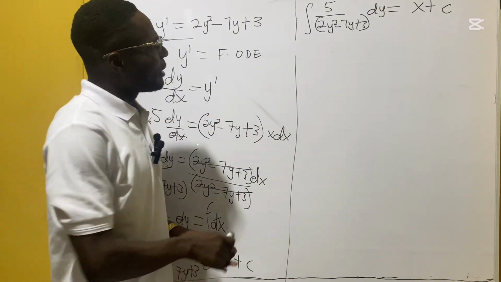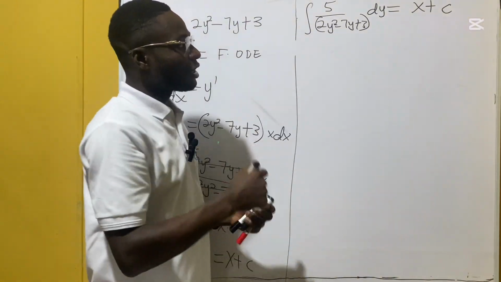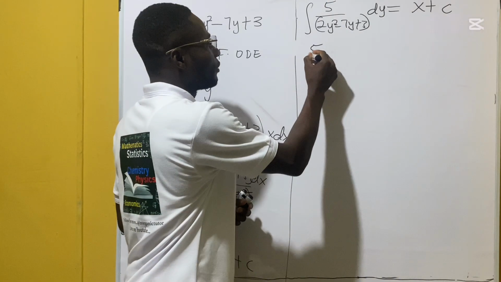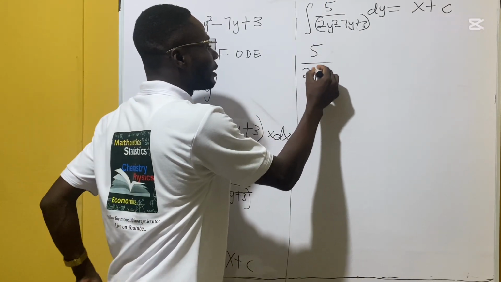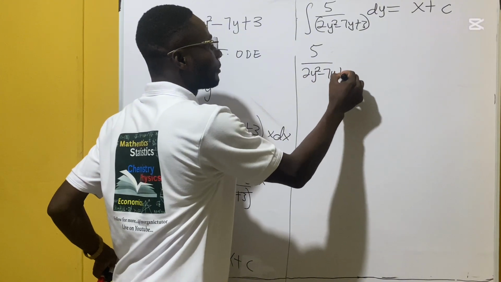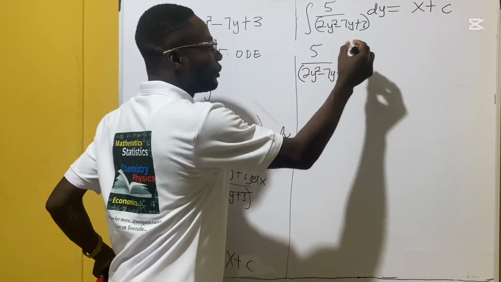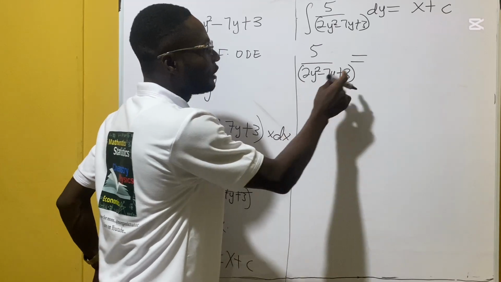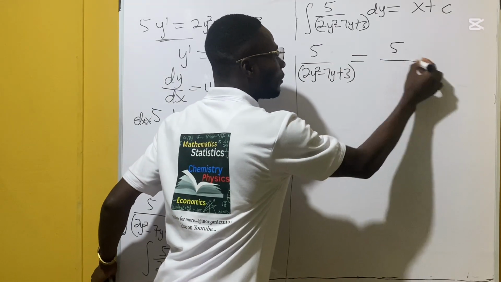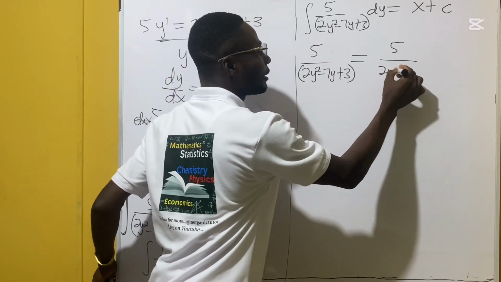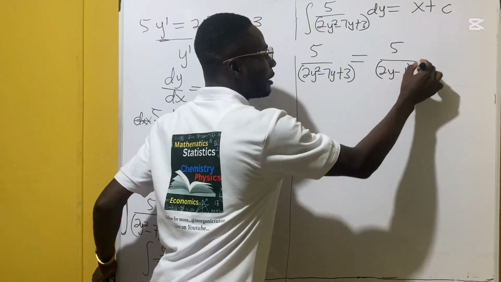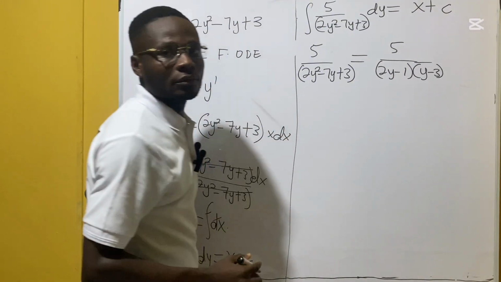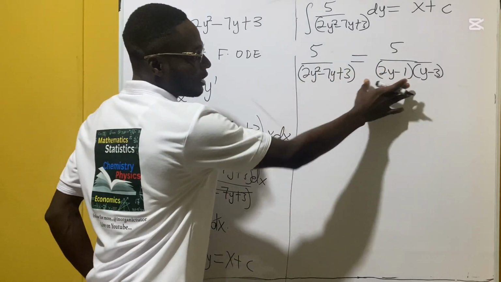So applying partial fractions on this function, 5 over 2y squared minus 7y plus 3, we know that we can factorize the denominator, so we can have 5 over (2y minus 1)(y minus 3). We all know that this is this.